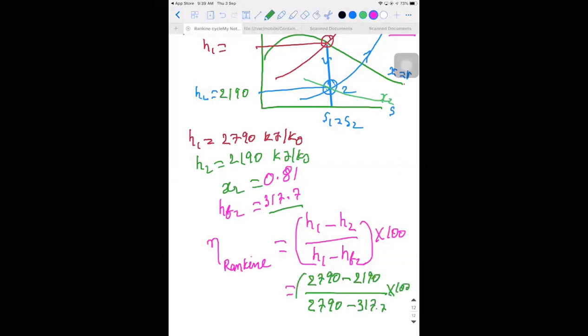Of course, we have to keep brackets here and here. Then what is the value, sir?